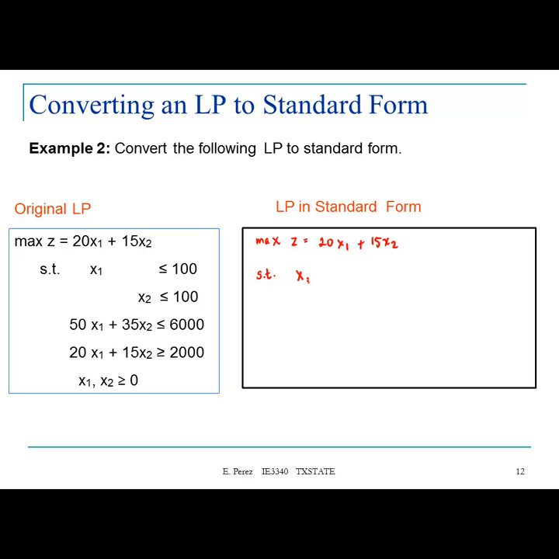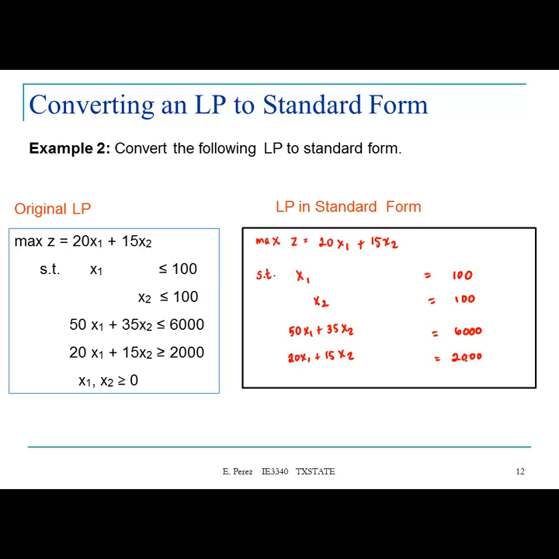So x1 equal to 100, x2 equal to 100, then 50 x1 plus 35 x2 equal to 6,000, and 20 x1 plus 15 x2 equal to 2,000.